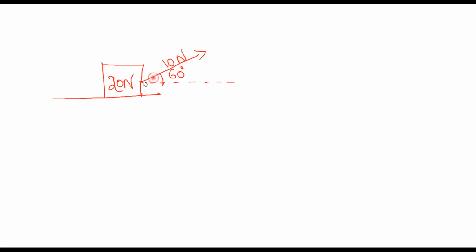Now divide this into two components, x component and y component. Draw this 10 Newton; this is x, this is y, and this is 60 degrees. Now tell me, what is the x component along the x direction?